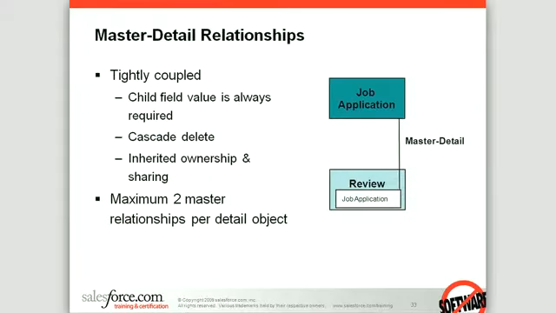So let me go back here to this slide just to point out the difference here. So here's my master detail relationship. If I have a formula field and it does a cross-object reference, it would be on the review, because the review is the child and the job application is the parent.